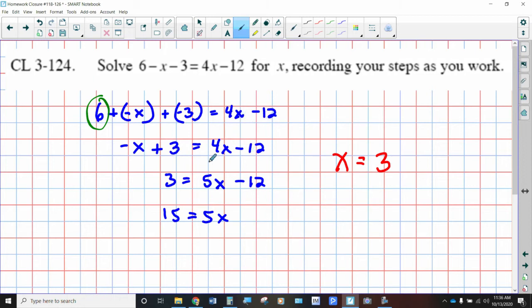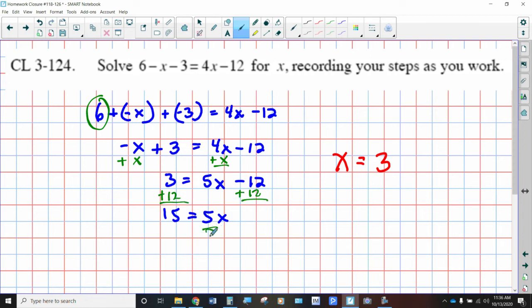So at this point, since I've got more x's on the right, I would probably just add 1x to each side. And since I'm collecting my x's on the right side, well, I guess I did this in 2 steps, didn't I? So we rewrote this as 3 equals 5x minus 12, but you could have added 12 to each side here as well. And you would have gotten, eventually, 5x is equal to 15.